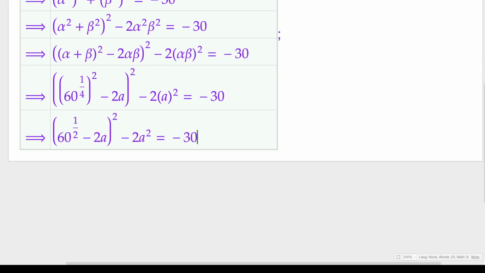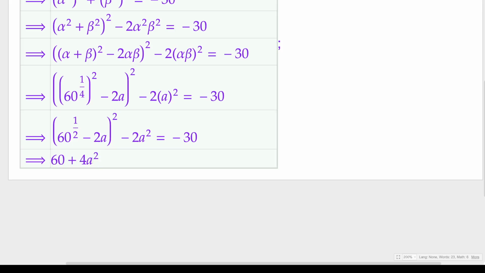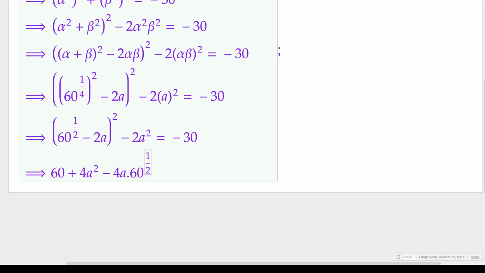Applying the identity a minus b whole squared, this can be written as 60 plus 4a square minus 4a times 60 to the power 1 over 2, and then minus 2 square as it is, and here negative 30.